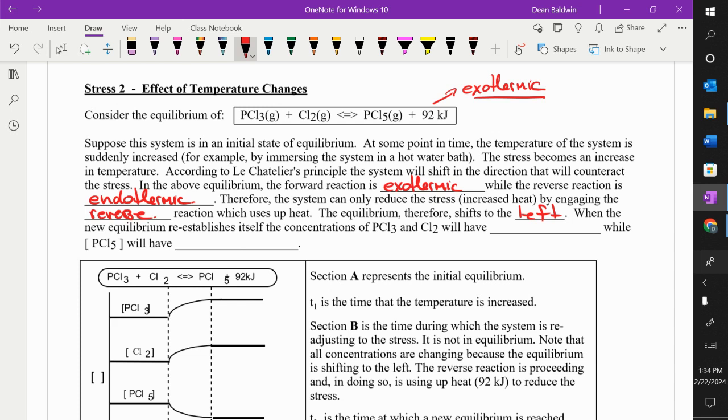If we shift to the left, do we get more or less PCl3 and Cl2? If we go this way, you get more. So these will go up and this will go down. Okay? So PCl3 and Cl2 will have increased, while that will have decreased.